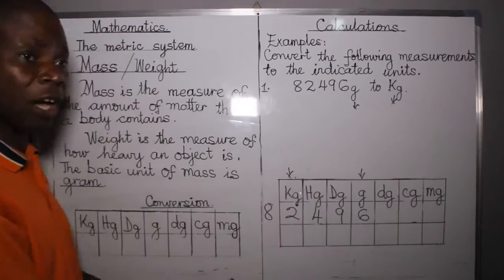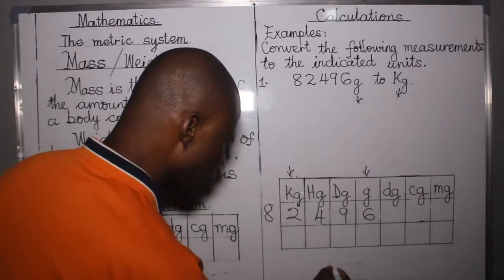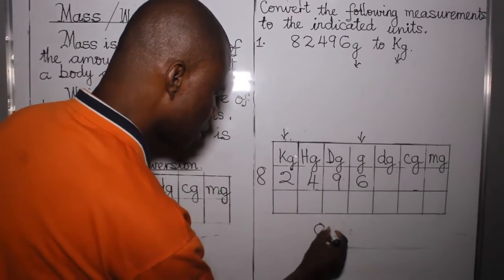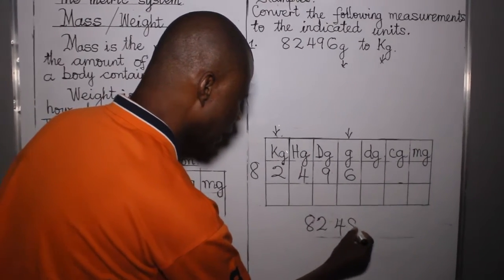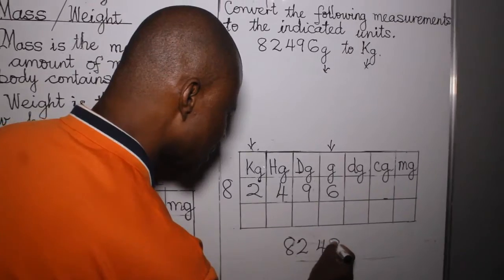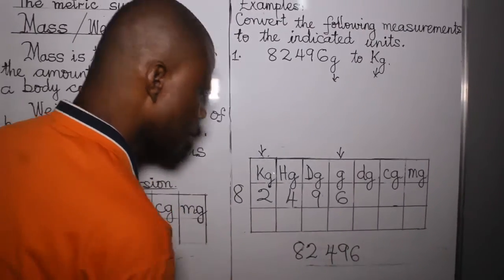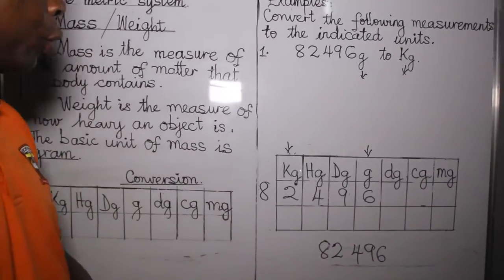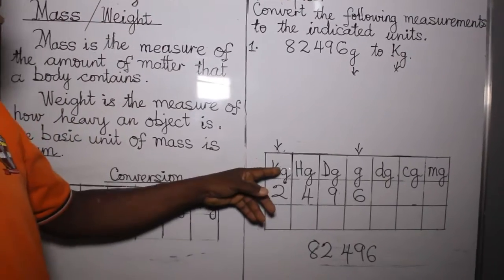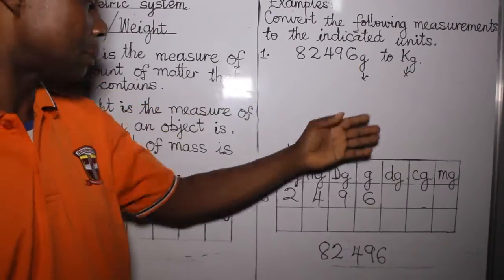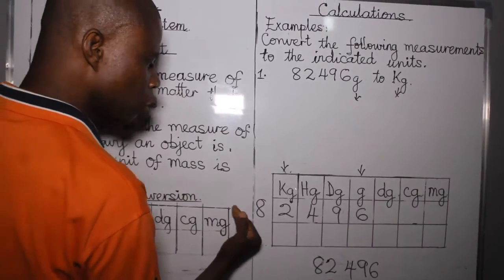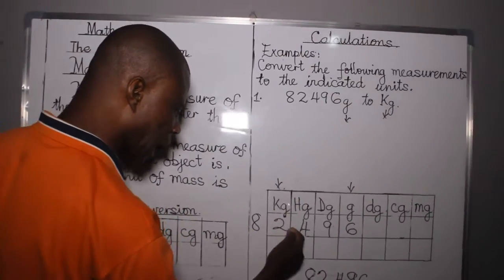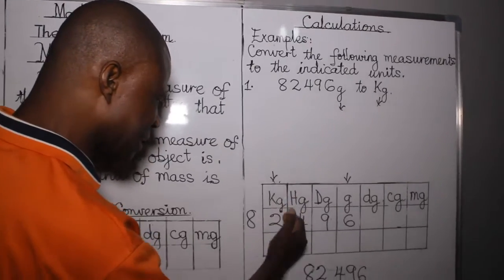So what we have here, copy it out. And you have 82,496. Now what do you do? You come to kilogram. You're asked to change it to kilogram. So you come to the column. Kilogram starts from my far left till where you get to the end of the column, and the end of the column is this line.